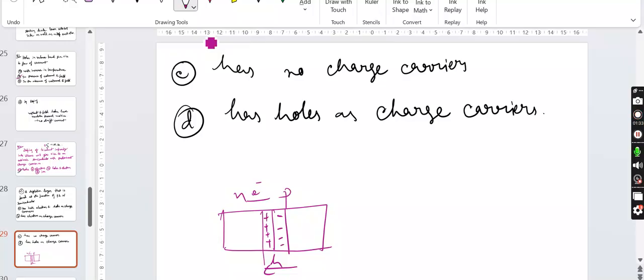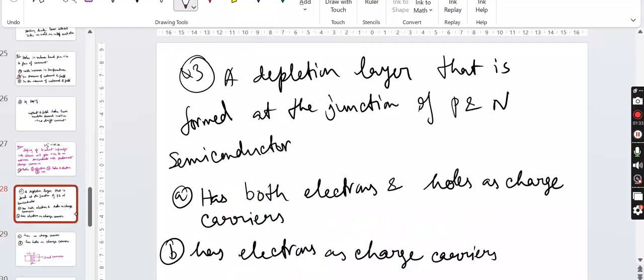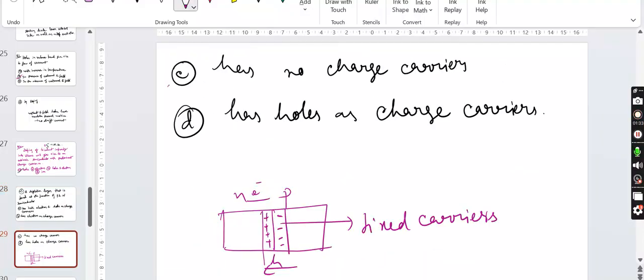So we have no mobile carriers, and the correct answer is: has no charge carriers.